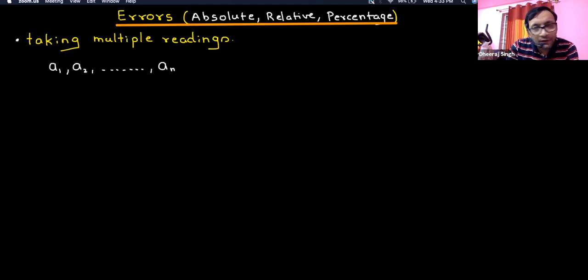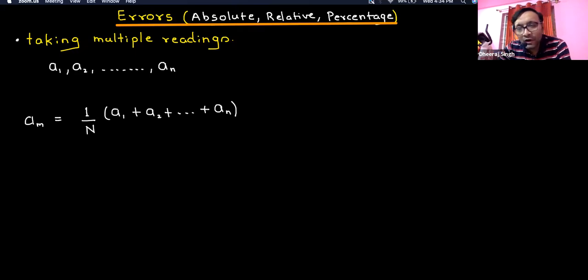Basically the true value is assumed to be the arithmetic mean of all these values. So the mean value is the true value, 1 by n times (A1 plus A2 and so on up to An). Fine, this is your true value.